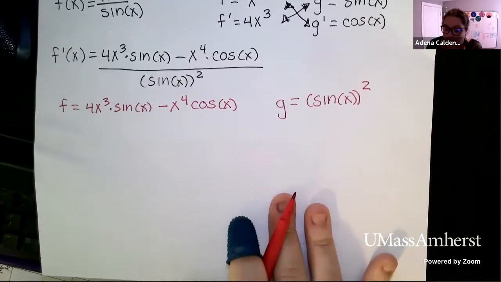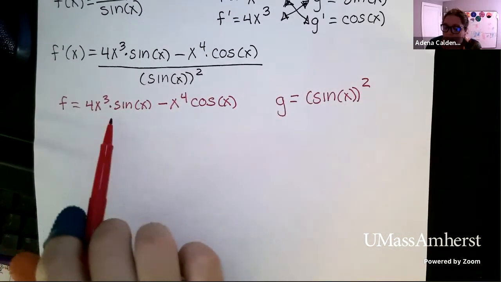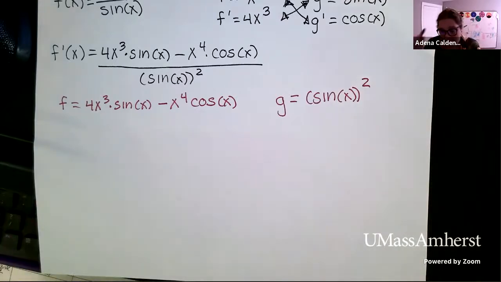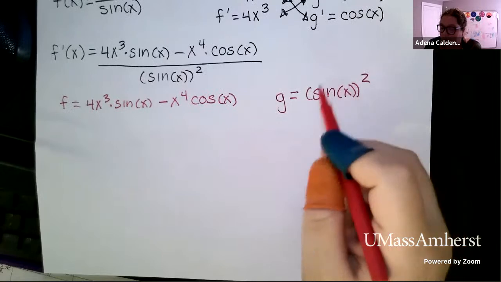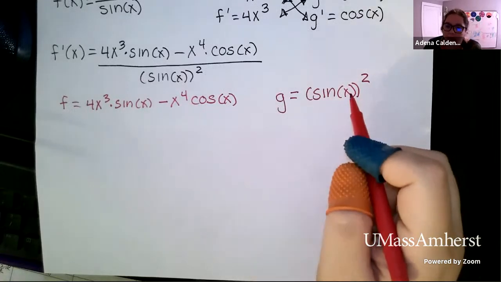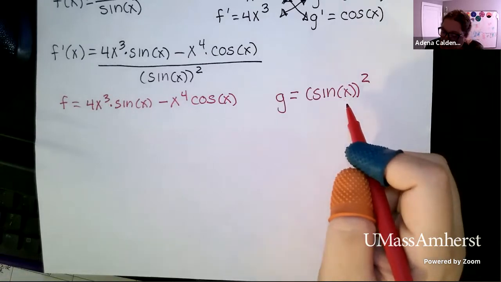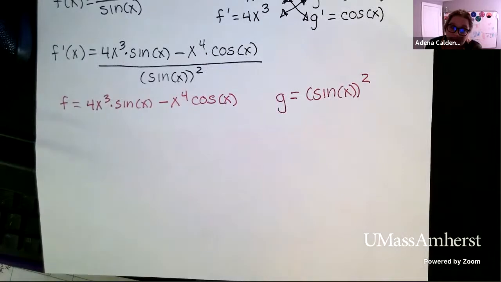Now looking at each of these, the first one, I notice that I have things that are multiplied together. So I'm thinking there's going to be some product rules in here. Over on my g function, I notice that I have parentheses raised to a power. So that actually should signal me towards the chain rule. So again, the variable's in the base and it's all raised to the power.